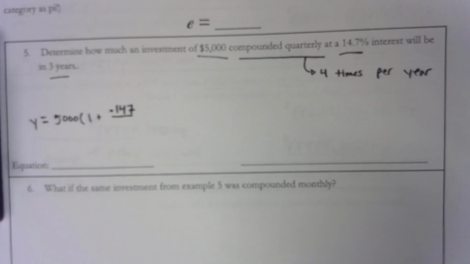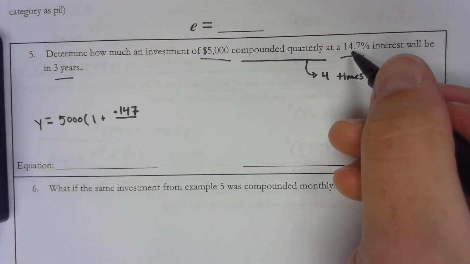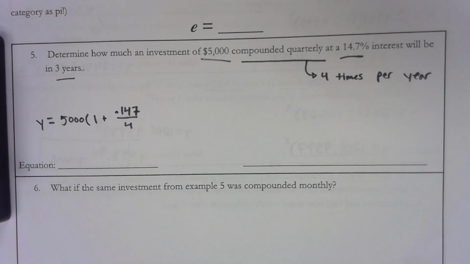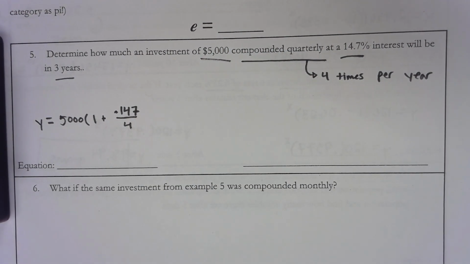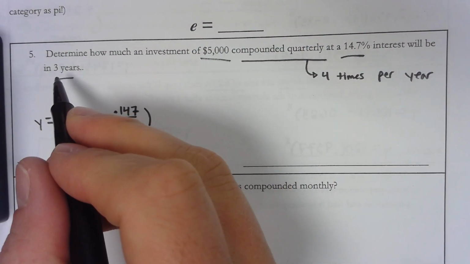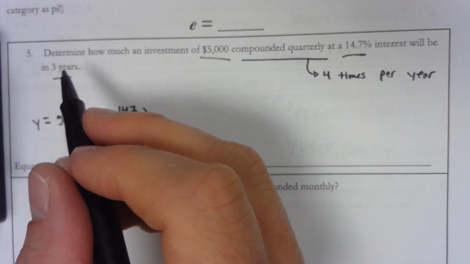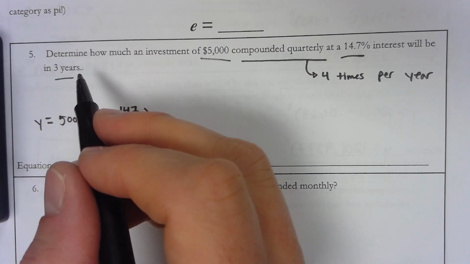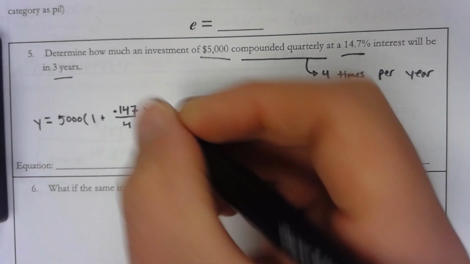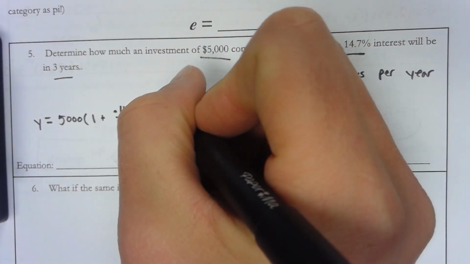But because that percentage is getting compounded quarterly, that 14.7% is getting divided into 4 smaller chunks. And then with us accumulating interest over 3 years, we're going to take this to the power of 3, but times the number of times we compound it. So that's the 4, so that same n showing up again, and then times 3.